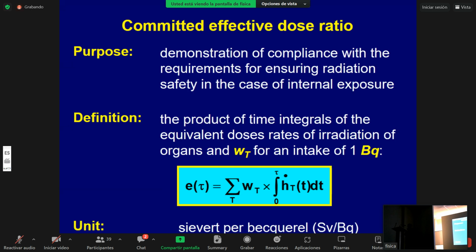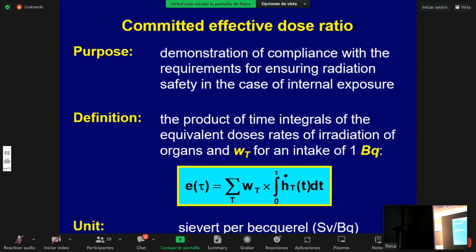For a certain radionuclide and route of entry, the dose coefficients are determined as the time integrals of the rates of equivalent doses of irradiation of organs and tissues for an intake of 1 becquerel of radionuclide. The formula is shown on the slide.